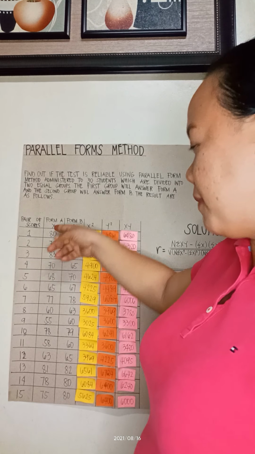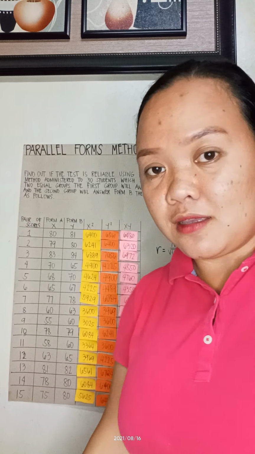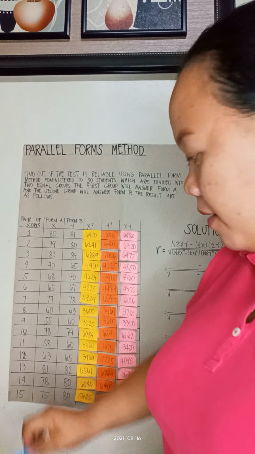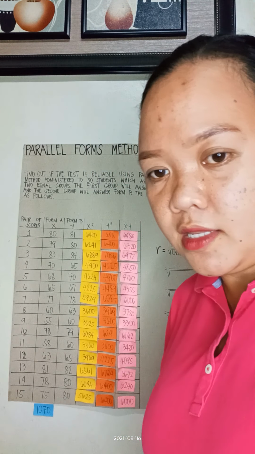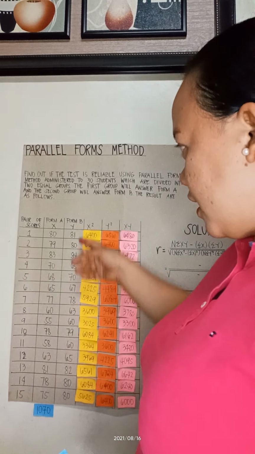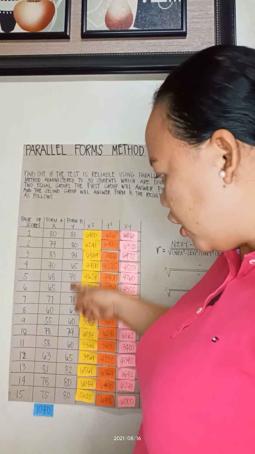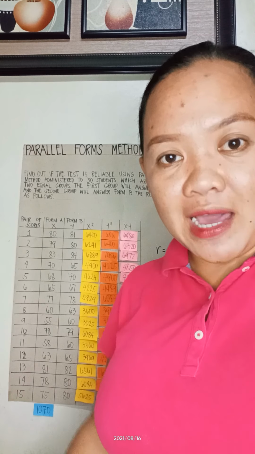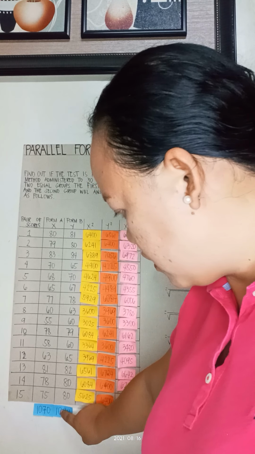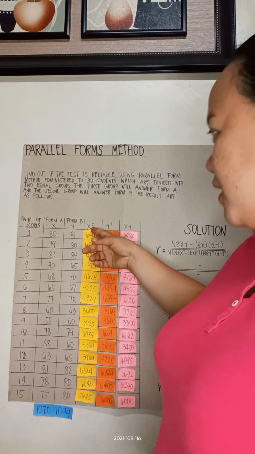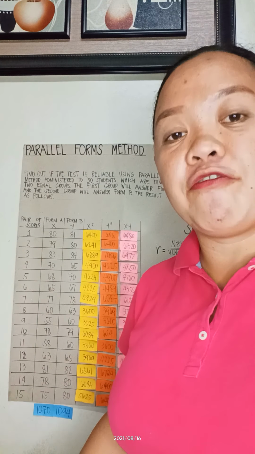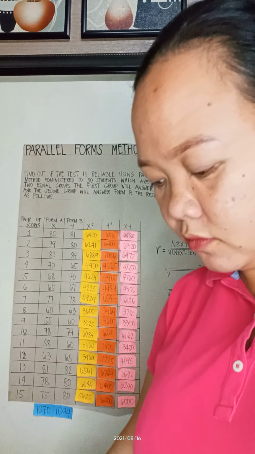So, the summation of x, or the total of these numbers, is 10,070. Next, the summation of y is 1,094. Next, the summation of x squared is 77,520.